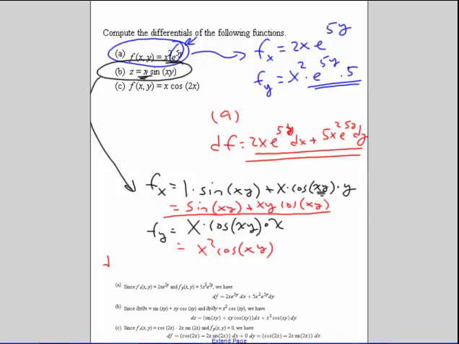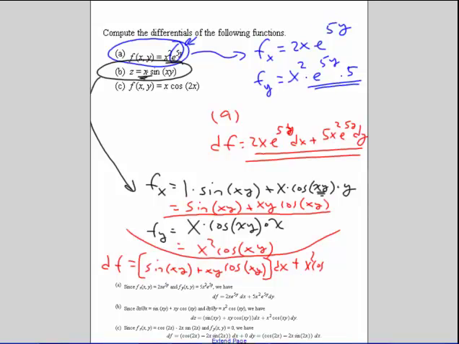So our differential, df, is going to equal, and it's a little bit longer now, sine of xy plus xy cos of xy dx plus x squared cos of xy dy. Done.